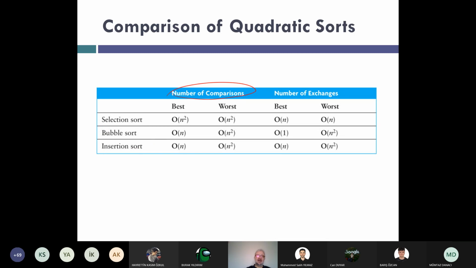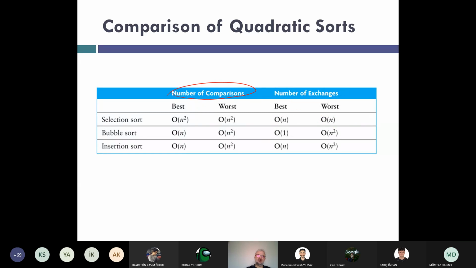And if you consider the exchange operations, since best and worst case performance of selection sort is linear, as far as the exchanges are performed, selection sort seems to be better, since worst case is linear as well.